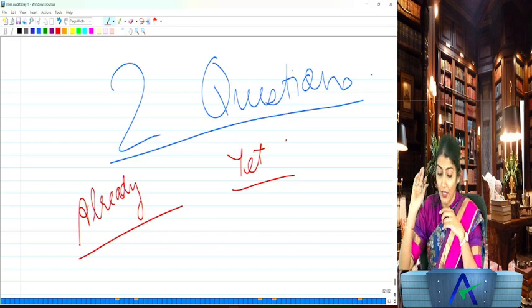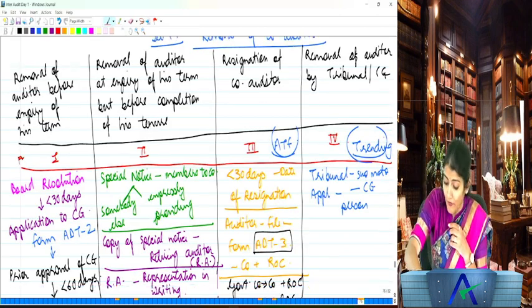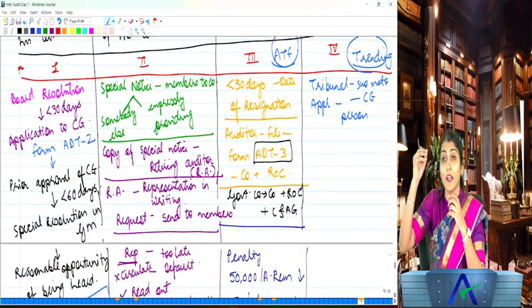You understand? Okay. So anyways, now coming to the removal of the auditor by the tribunal or the CG.